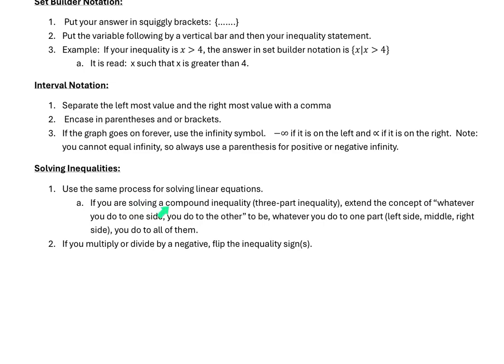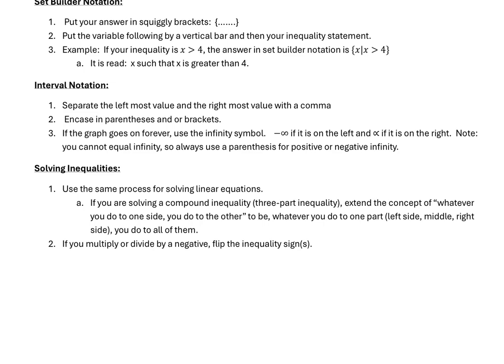We're going to introduce something called a compound inequality, or sometimes called a three-part inequality. And so we'll see an example of this in a few minutes, but just remember that with linear equations, we had the rule of whatever you do to one side, you do to the other.